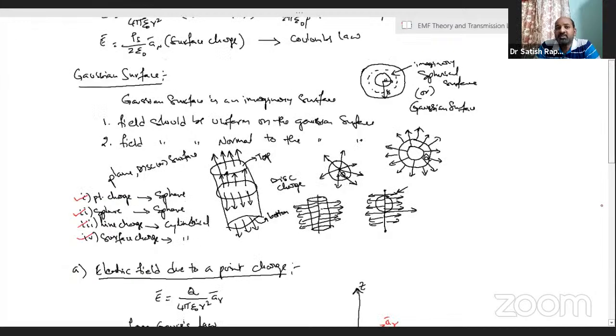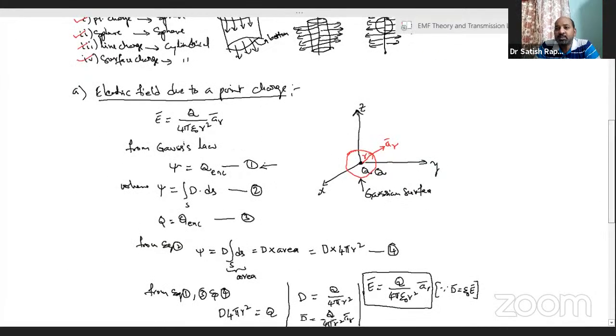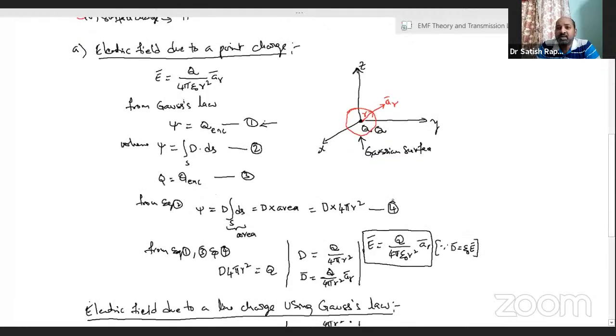And we have seen electric field due to a point charge using Gauss law. A positive point charge is located at the origin, and a Gaussian surface is assumed, which is a sphere.